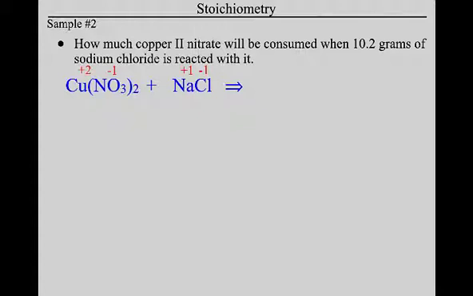So, who hooks up with whom? Copper is going to go with chlorine, right? Plus and minus. Copper's plus 2, chlorine's minus 1. So, what are we going to get? CuCl2. Notice, guys, the chlorines don't balance, but they're not supposed to. Then, guys, our other product will be sodium is plus 1, nitrate's minus 1. You need one of each, sodium nitrate.